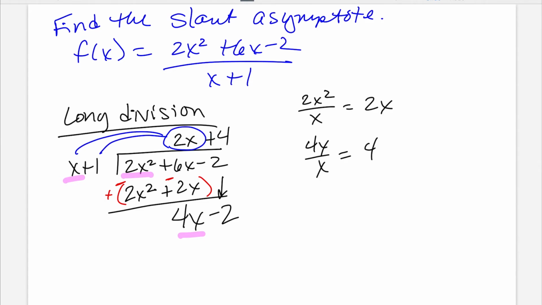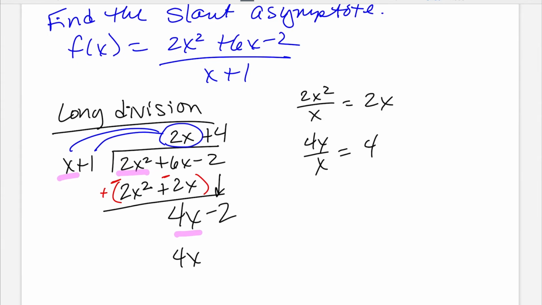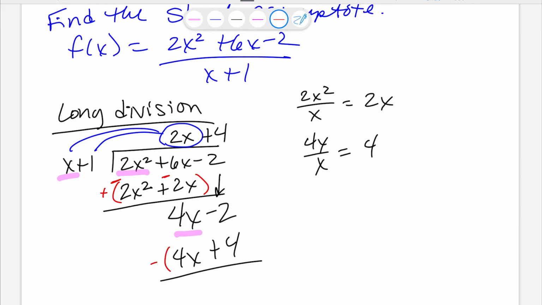Again, you take that 4 and distribute it. Now I have 4x plus 4 minus that. So you distribute that negative sign and you get a negative 6. So you have negative 6 over that x plus 1 because that's your remainder.